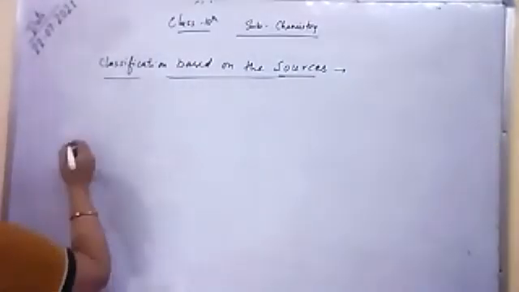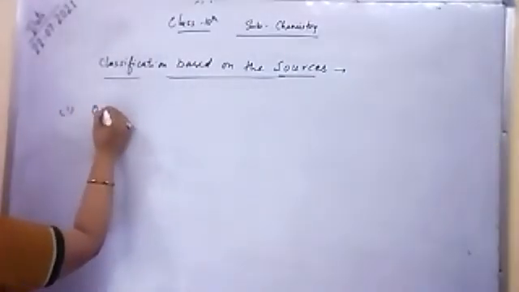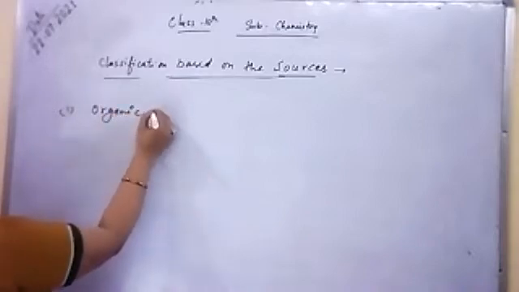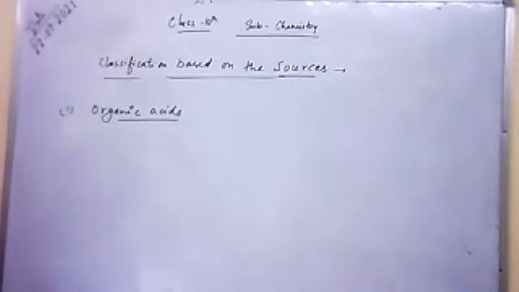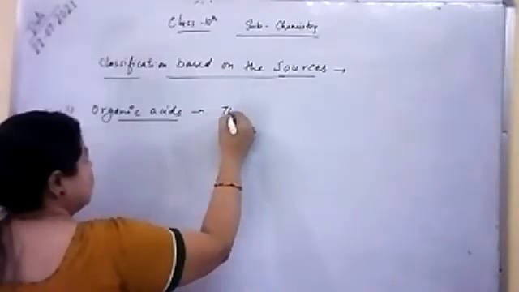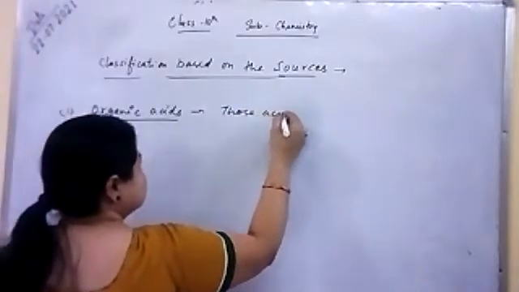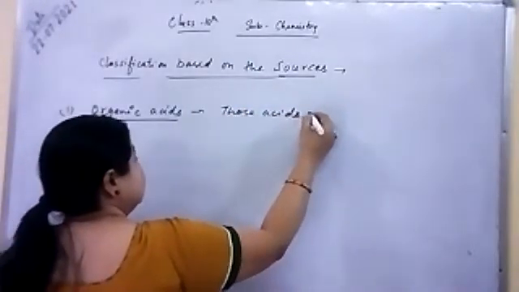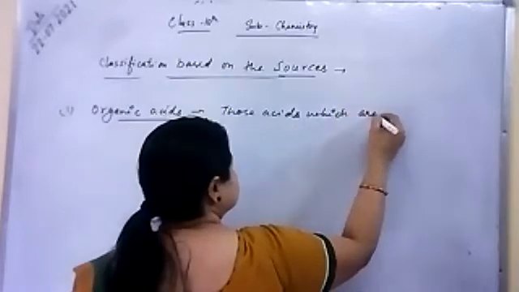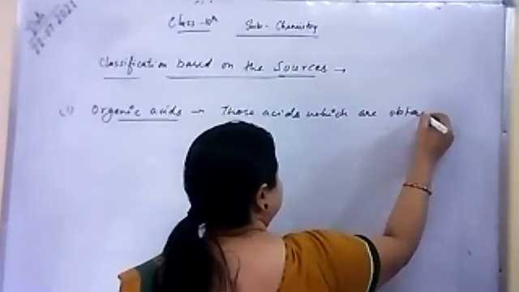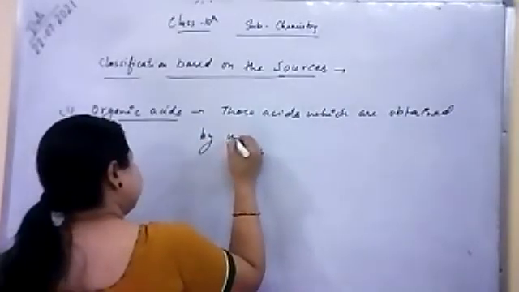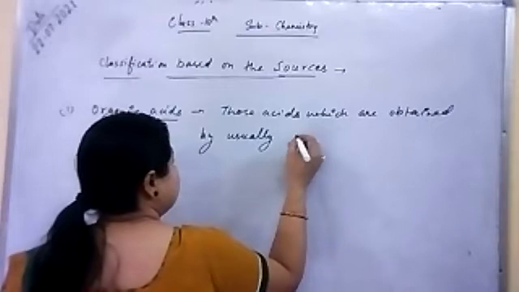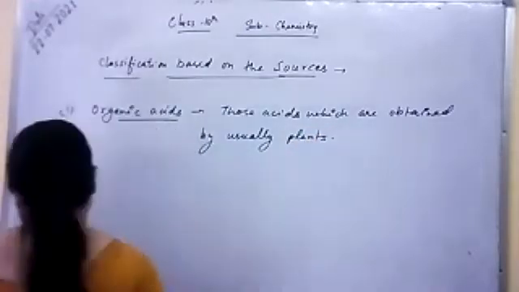So the first type is organic acids. Organic acids are those acids which are obtained usually from plants.